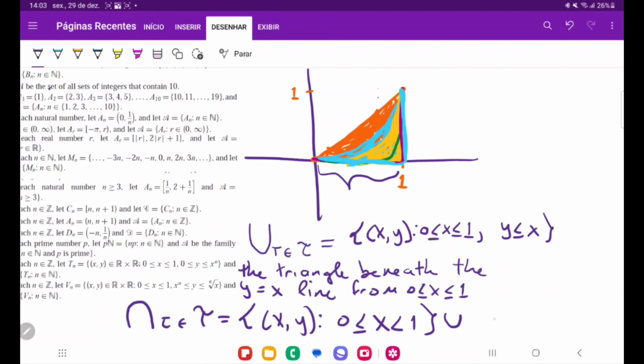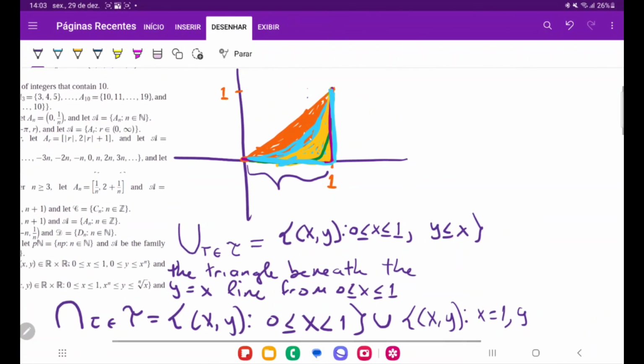And then union the set of x, y, such that x is equal to 1 and y varies from 0 to 1. So y less than or equal to 1, greater than or equal to 0. Because when we break this down into two chunks, now we can say that those are two distinct things, right? The horizontal line and the vertical line.